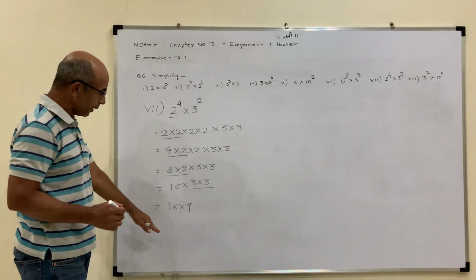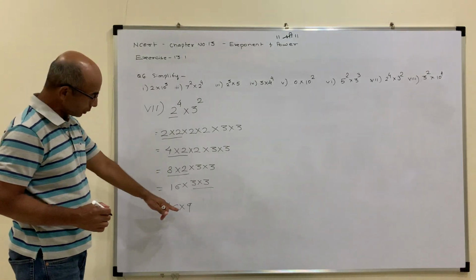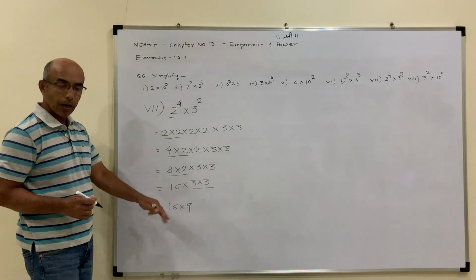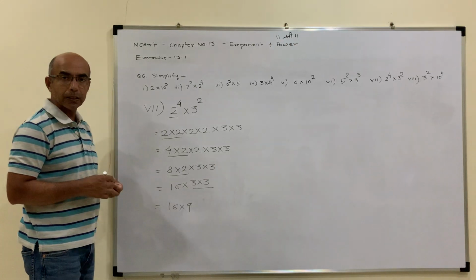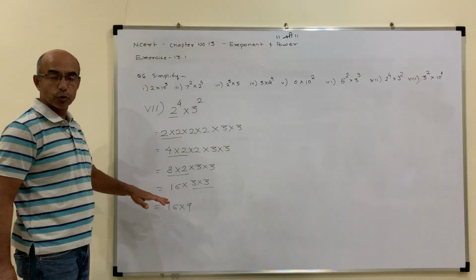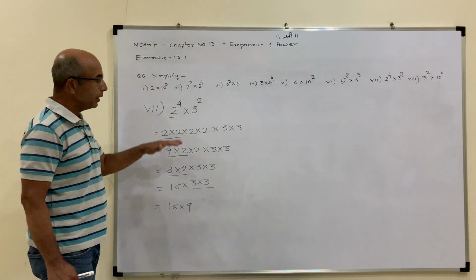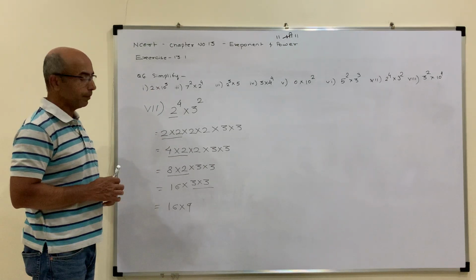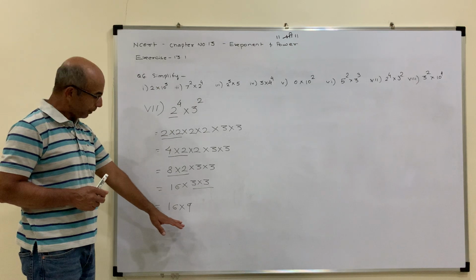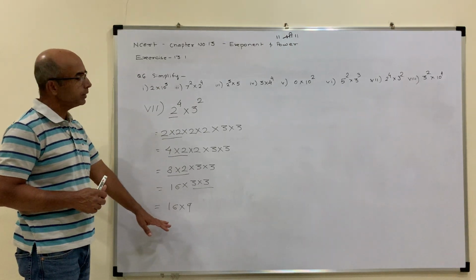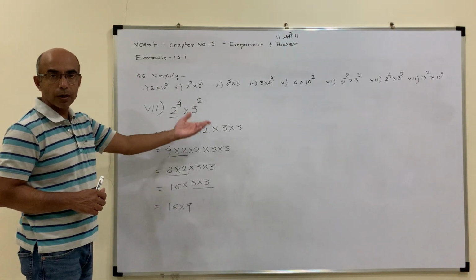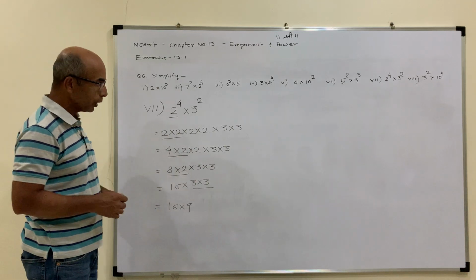Now if you want, you can solve it further. Since I have mentioned it a couple of times before as well, it's good to have tables from 2 to 30 by heart, because then you will be able to solve this kind of multiplication quickly rather than doing rough work.